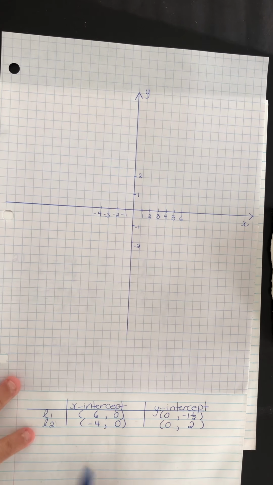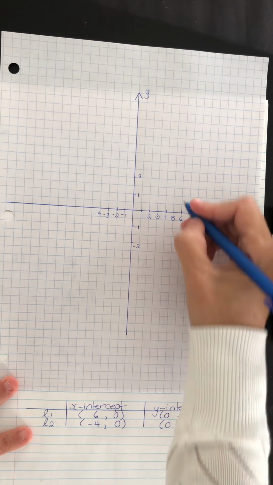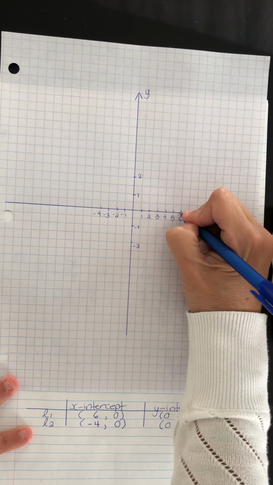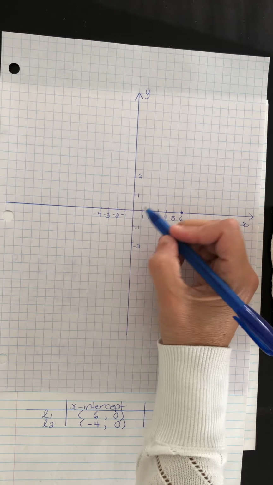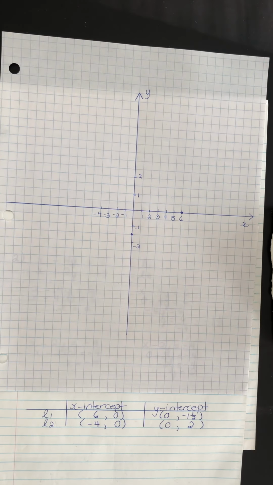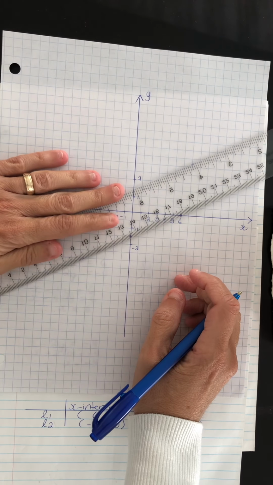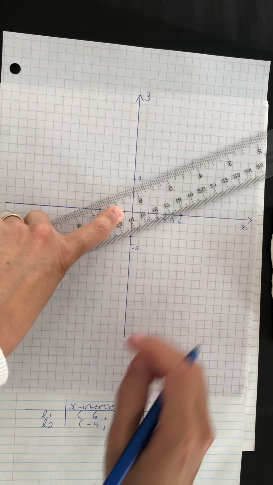And we're going to start by plotting the 4 points. So for line 1, the x-intercept is right here at 6. The y-intercept is -1 and 1/2, so that's -1 and 1/2 right there. Now line 1 is formed by connecting those 2 points.